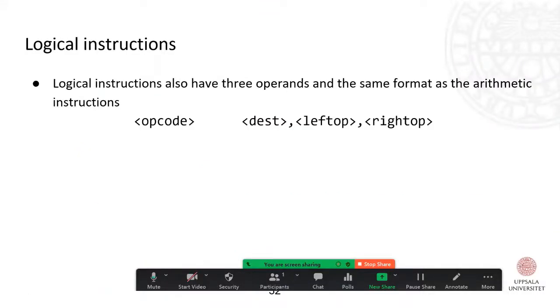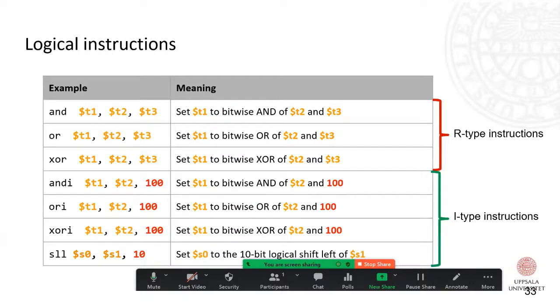In logical instructions, again, we have 3 operands, similar to arithmetic instructions, and it has the same format. So first, we have the opcode, then destination, followed by left operand and right operand. So let's see an example or several examples. We have here in logical instructions and, or, XOR, etc., which do the operations on registers only, and they are R-type instructions.